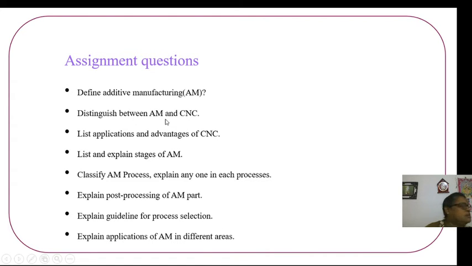Now the distinctions of additive manufacturing, as given in the first session itself. Some of the differences between additive manufacturing and CNC machining: CNC machining and additive manufacturing are both computer controlled solutions to making products out of the given material.